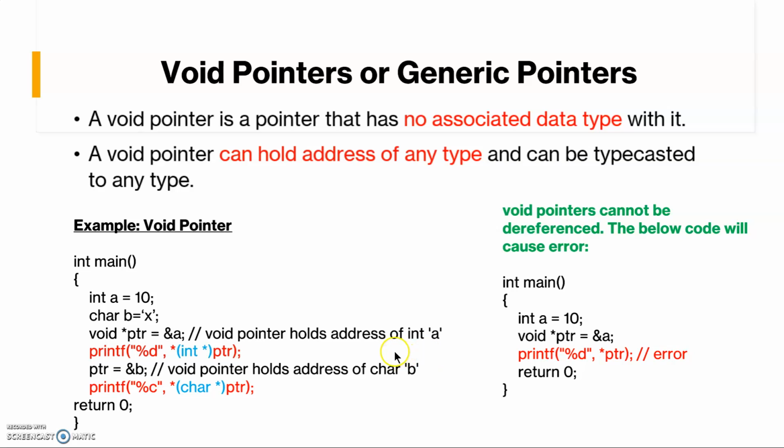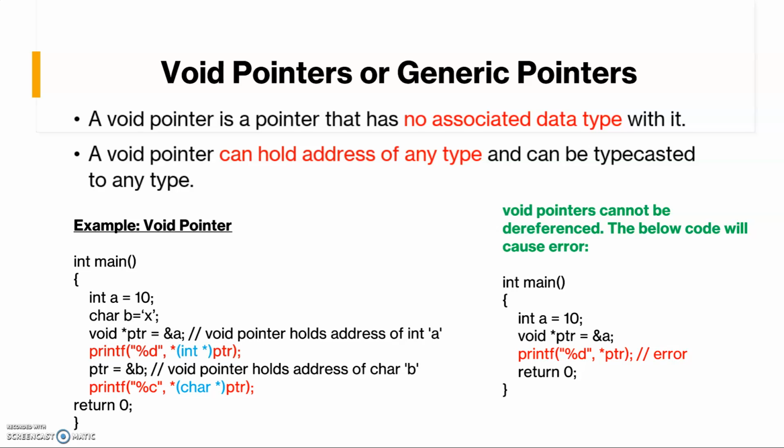Okay, so whenever you are using void pointers or generic pointers, you can declare that pointer variable as void itself, and any data type variable address can be stored. But if you want to get the value, then you need to typecast that one. Okay, so these are all the different types of pointers we have in our C programming language.